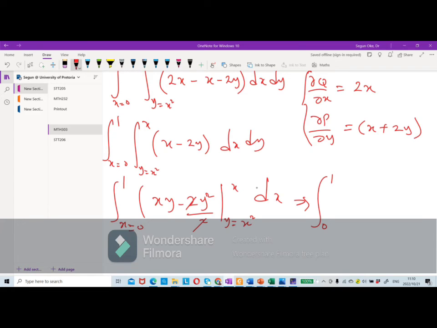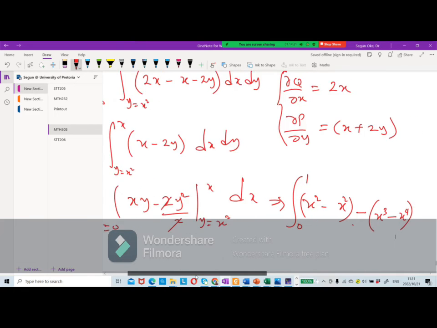This goes with this: upper limit minus lower limit. I have x squared minus y squared. That is the upper limit, right? Do you agree? Yes, sir. Minus the lower limit now. Do we agree? Yes, sir.